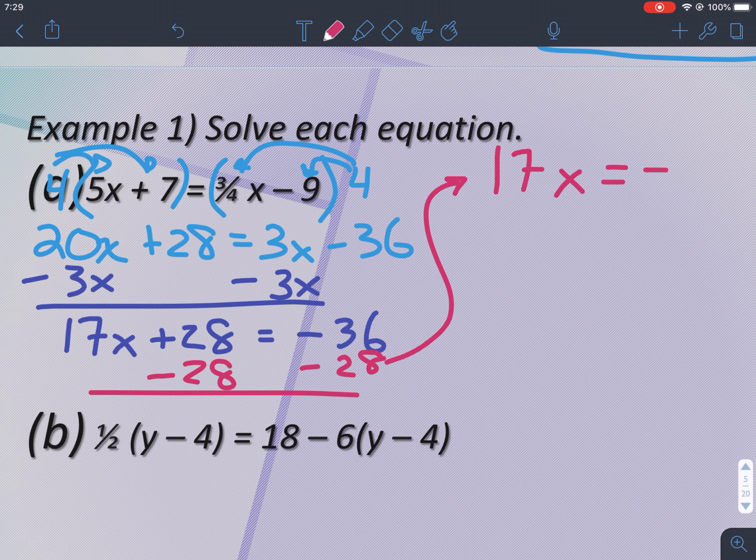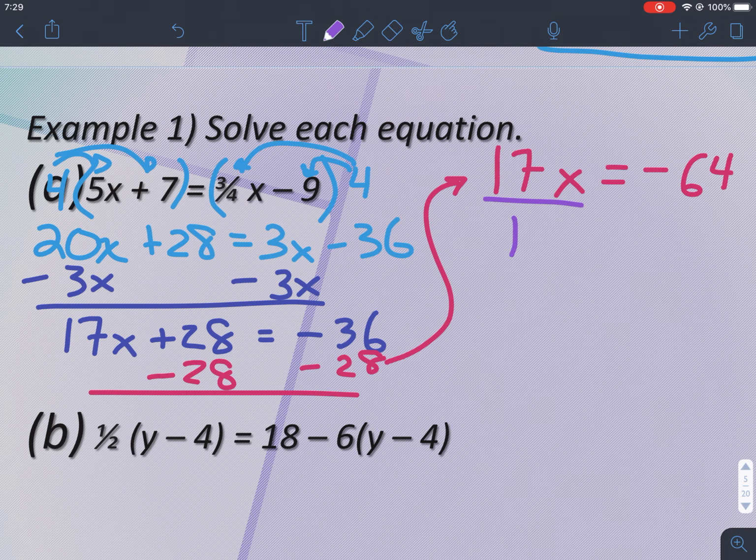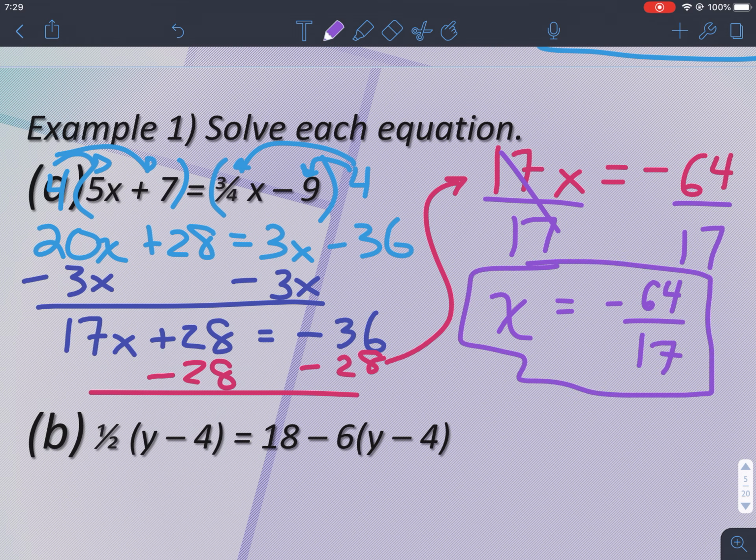This is going to be negative 64, and then divide by 17. That fraction looks like it cannot be reduced, so our answer is negative 64 over 17.